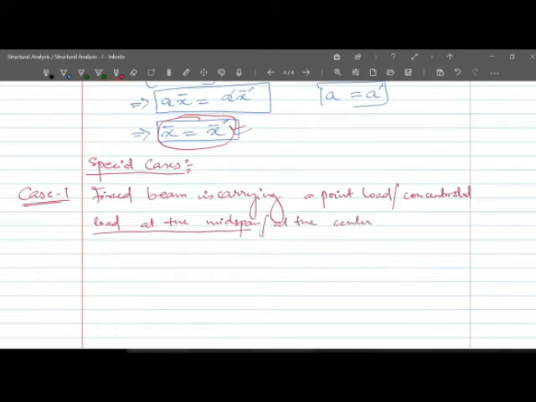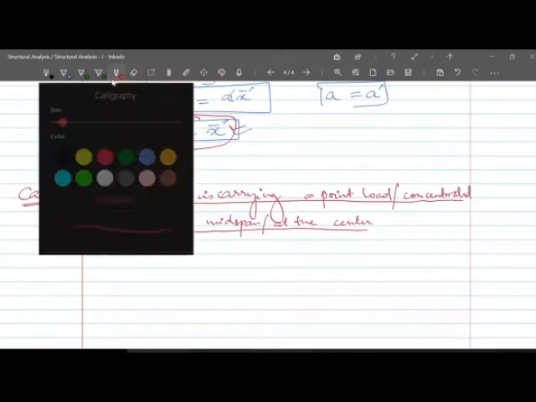Okay, this is the first special case. So for this we need to find out what is the slope, deflection, all the things we need to find it out.